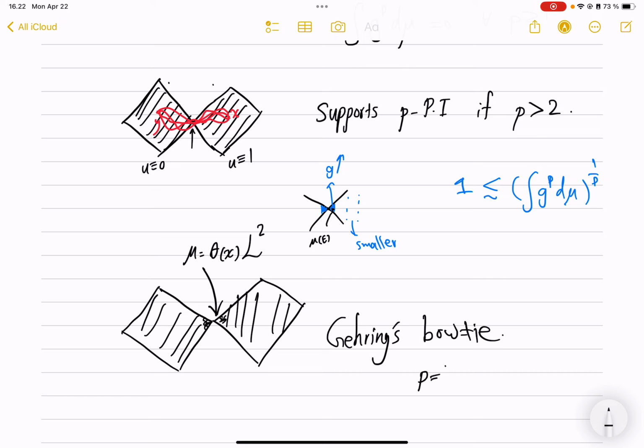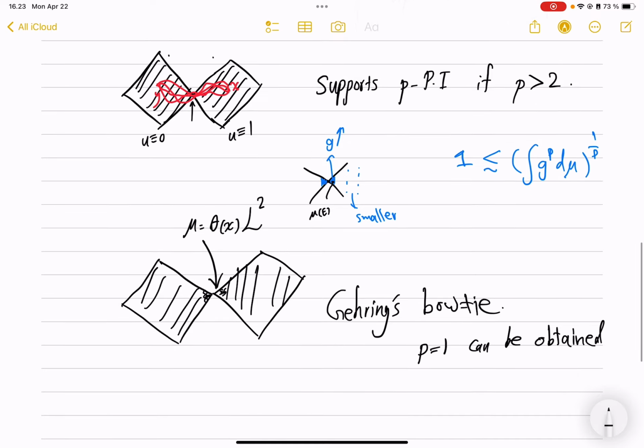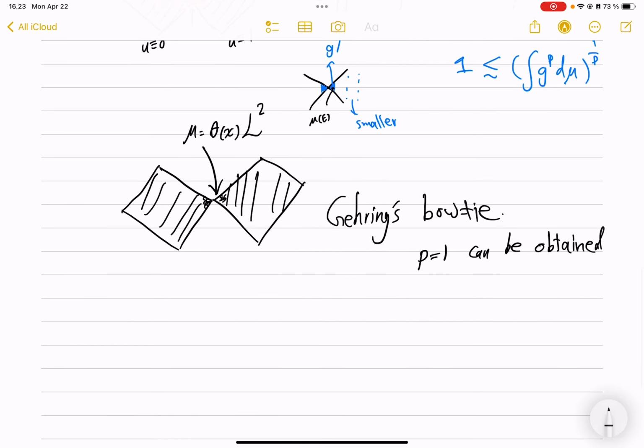Even p equal 1 can be obtained. And this is only saying that, by blowing up this measure around here, you effectively avoid the pinching of the space by the right choice of p.